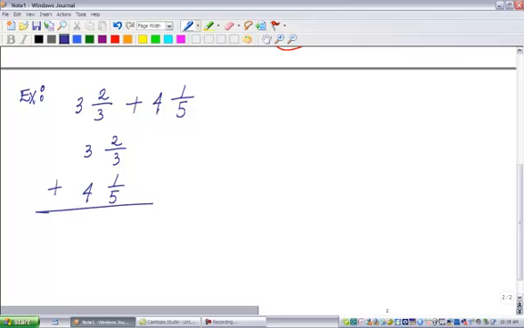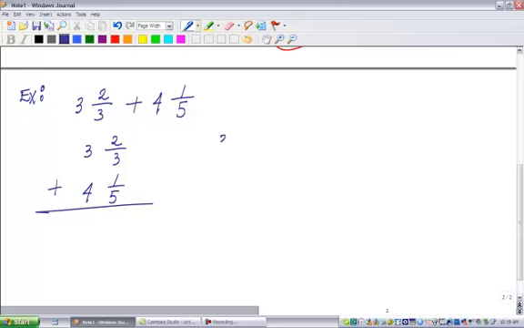Now, I want to add the two fractions separately. If I add 2/3 and 1/5, what do I get? The best thing to do here is to make the denominators the same. So what's the common denominator? It will be 15.